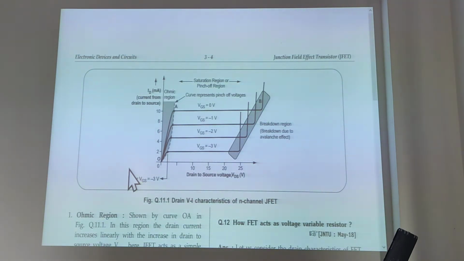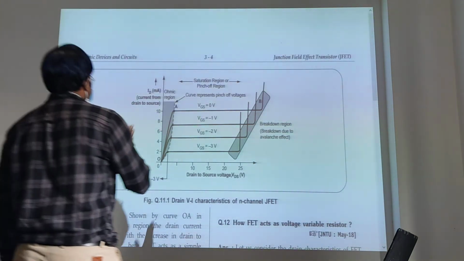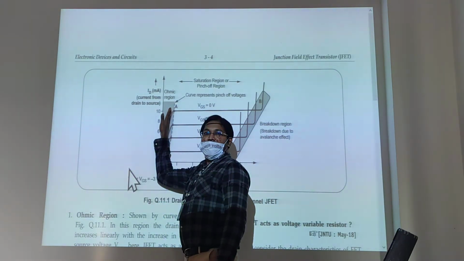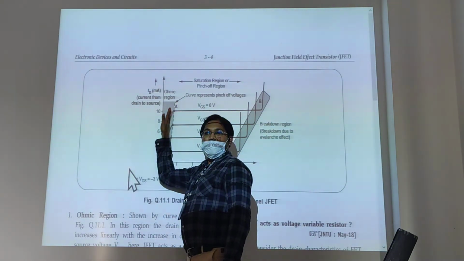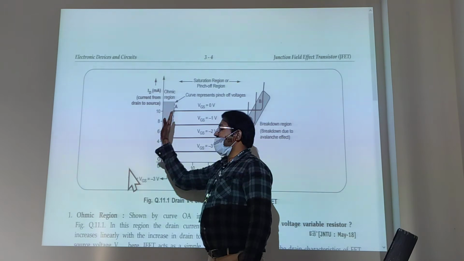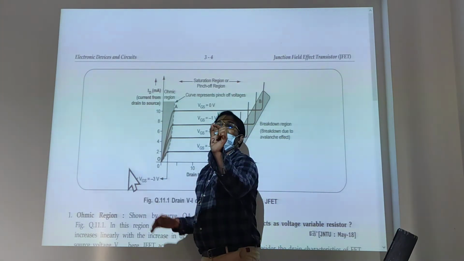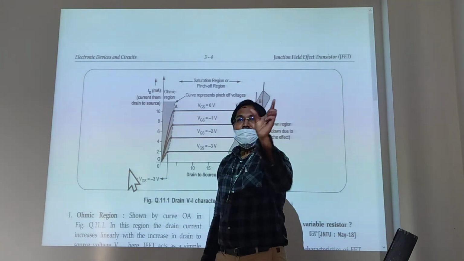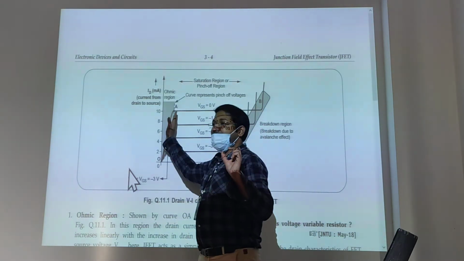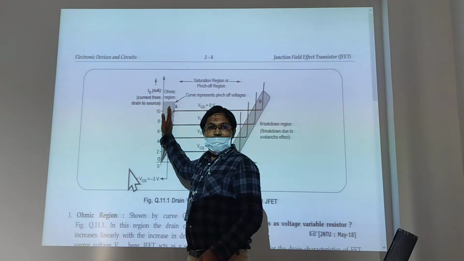And the value of the resistance will be VP by IDSS. See here, this is a straight line, right? Voltage versus current, straight line. You will get that for which component? Resistor. So the FET is behaving like a resistor.